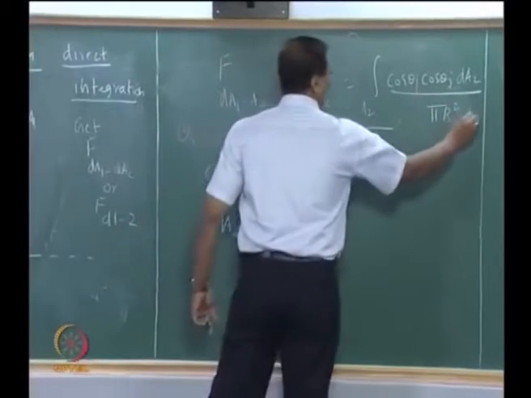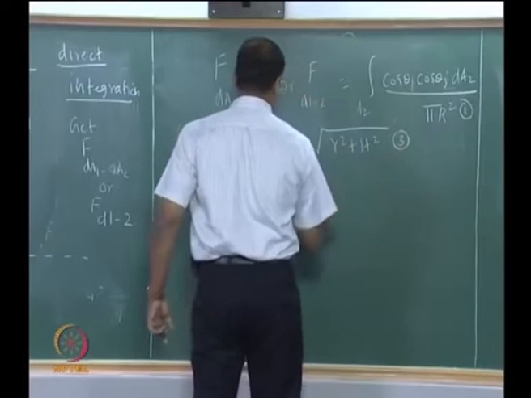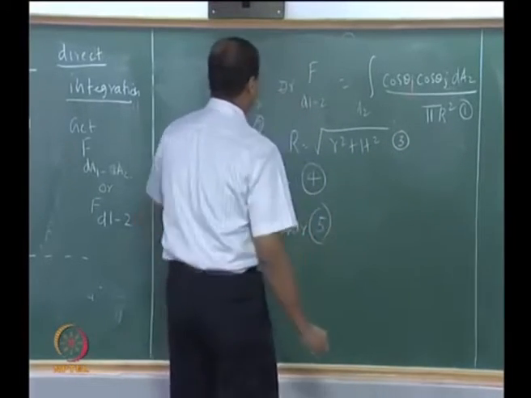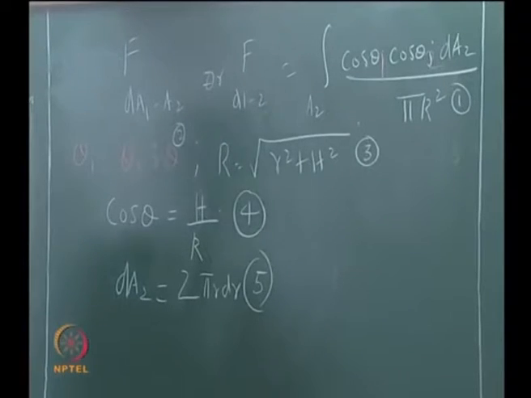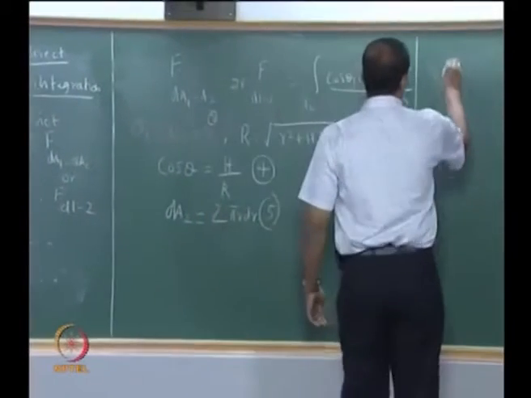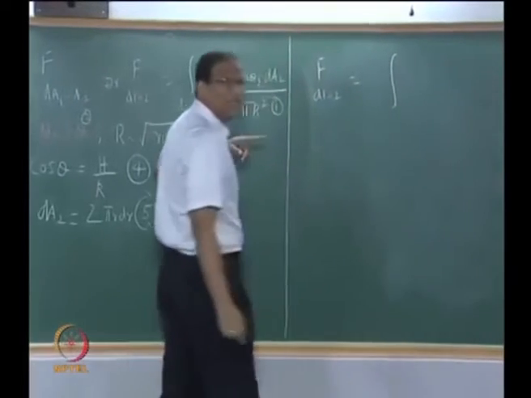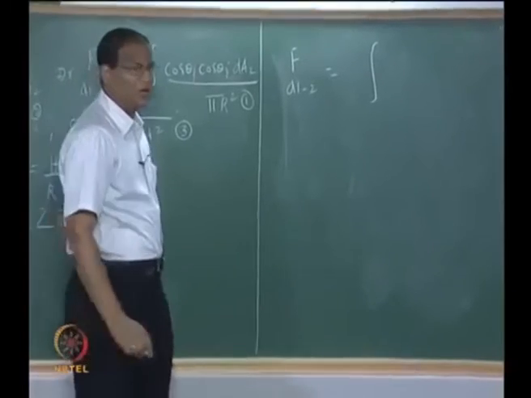Substituting for cos theta, R and dA2 in equation 1, we can get the integral. What is the limit of the integration for R? 0 to R naught, very good.